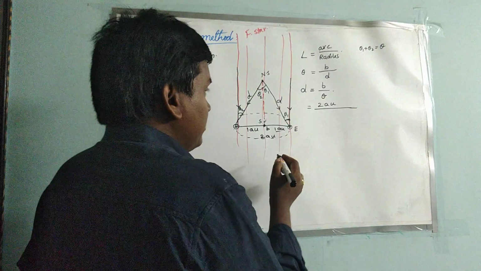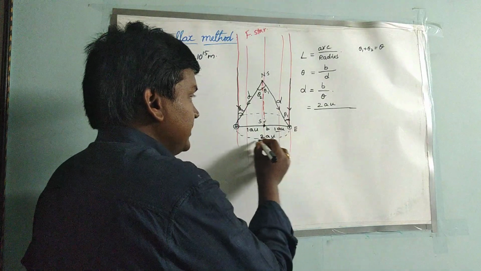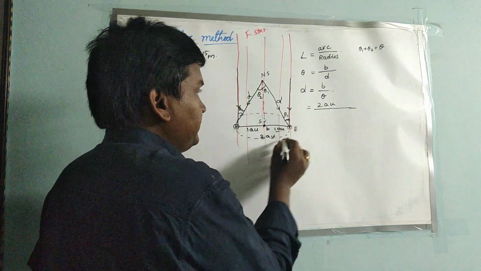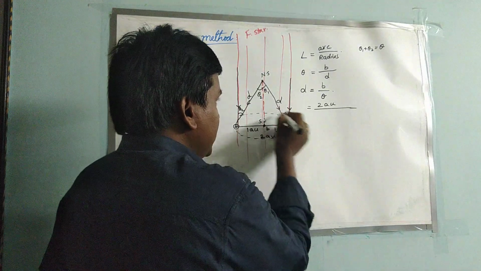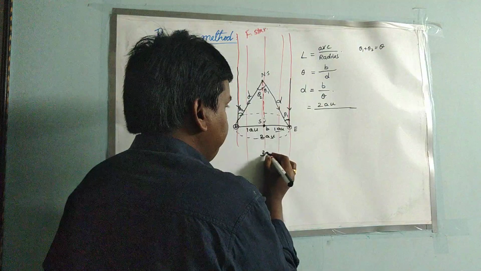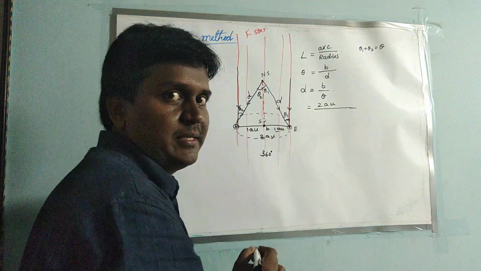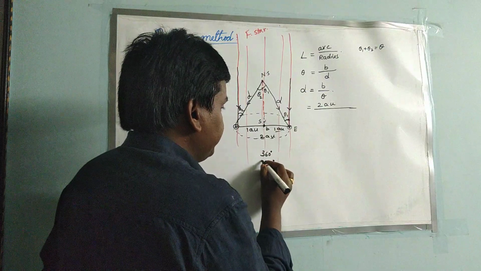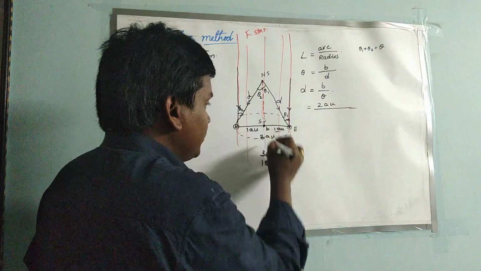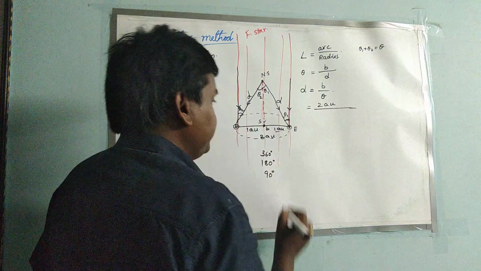And one more thing, if you consider the orbit of the earth, that is an elliptical orbit. The complete orbit is 360 degrees. Half is 180 degrees, and a quarter means 90 degrees.